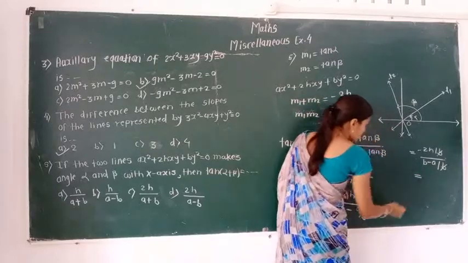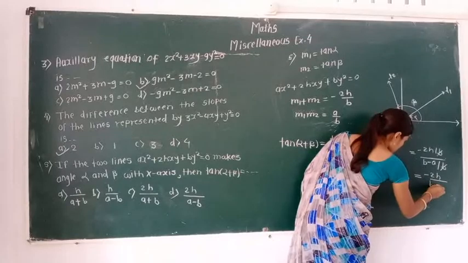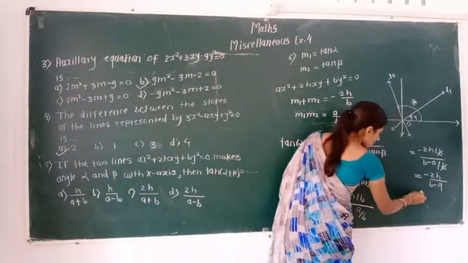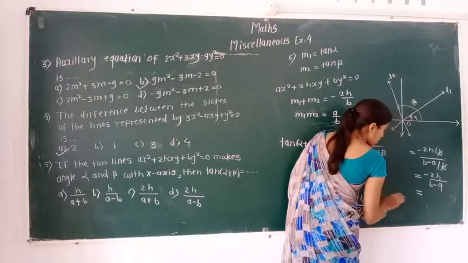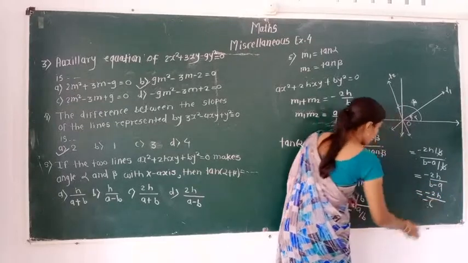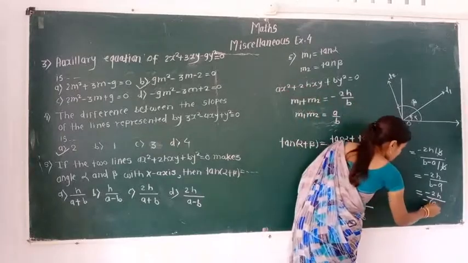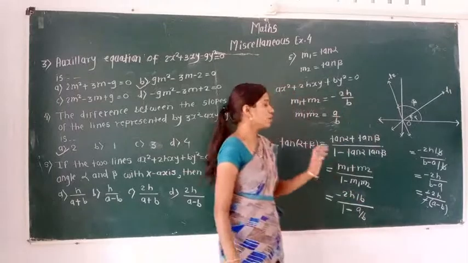We can write minus 2h by b minus a. Taking the common factor minus from the denominator, minus 2h divided by minus, in bracket a minus b, and these two minus signs get cancelled.